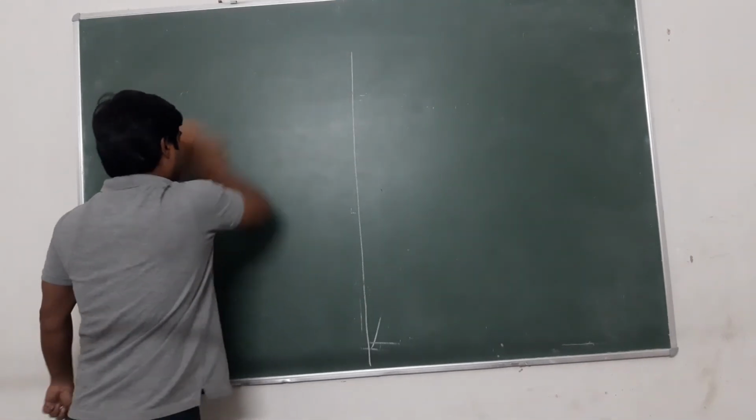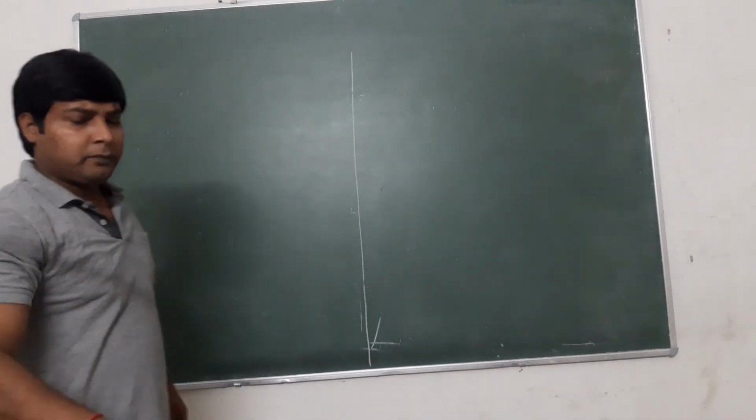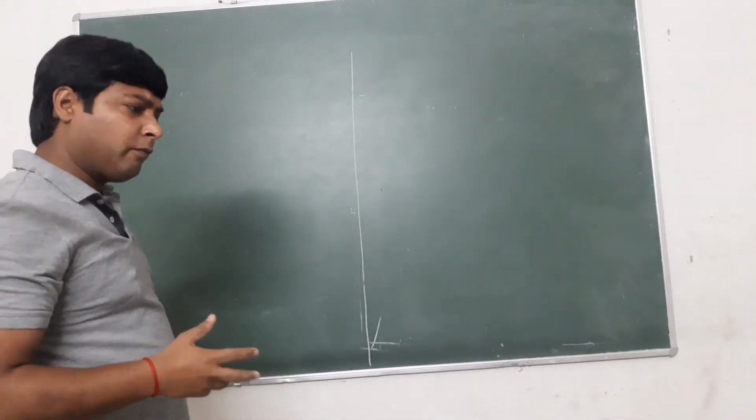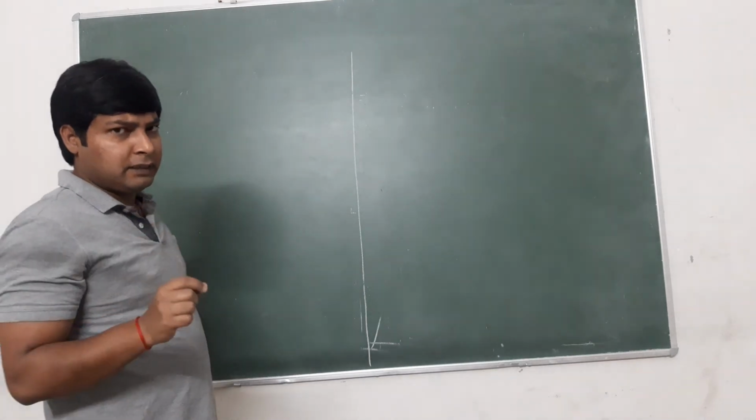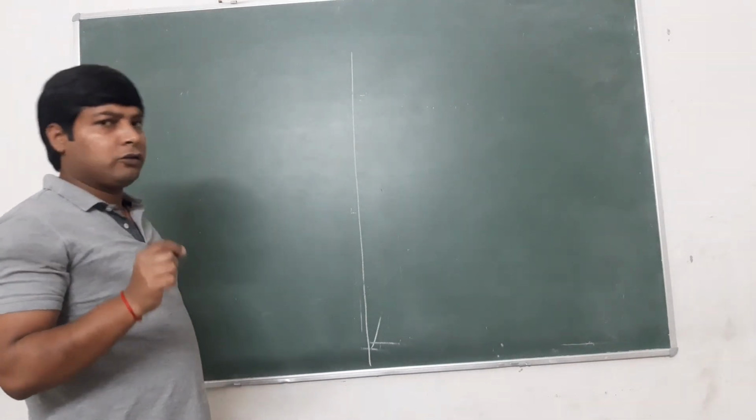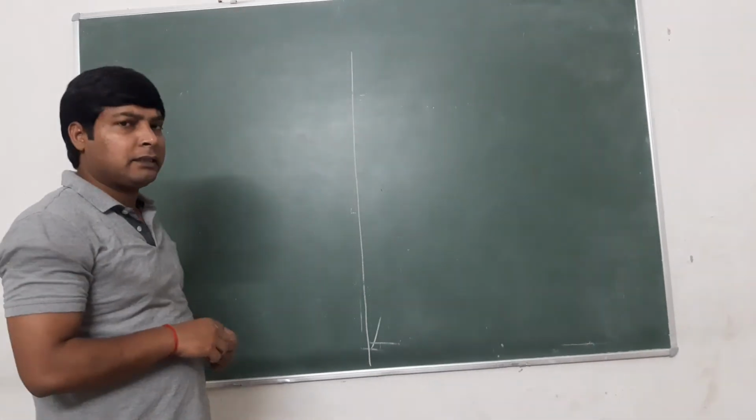So we can find the Fourier transform of any signal if the given signal is aperiodic and also satisfies the Dirichlet condition.